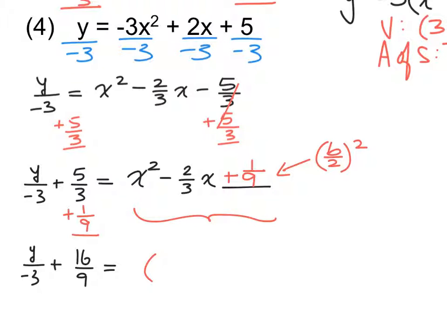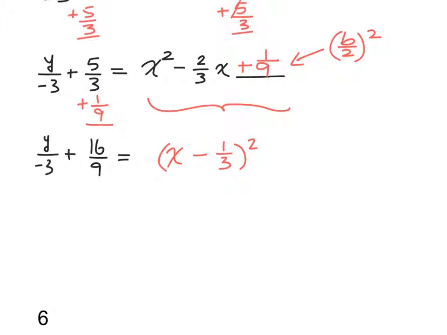I also need the factored form of the trinomial. Very close. It's minus. All right, and again, just thinking in terms of technique, really it's just get y alone now. So let's bring the 16/9 to the other side.